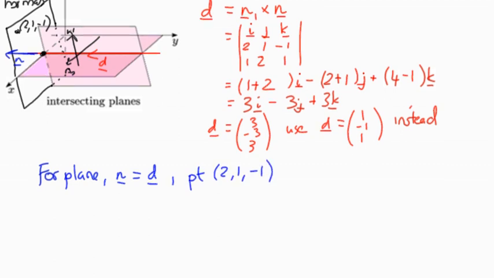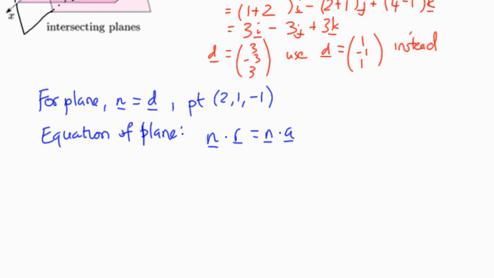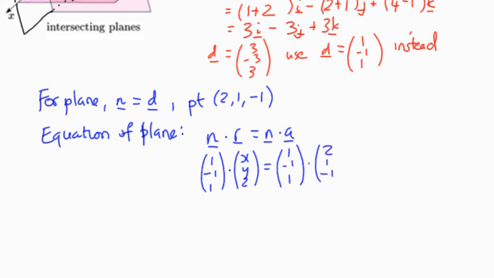So we can say that the equation of the plane is going to be represented by the vector equation n dot r equals n dot a. And n is 1, negative 1, 1. We're going to use x, y, and z. So 1, negative 1, 1, dot 2, 1, negative 1.